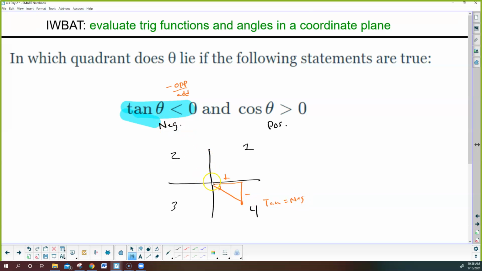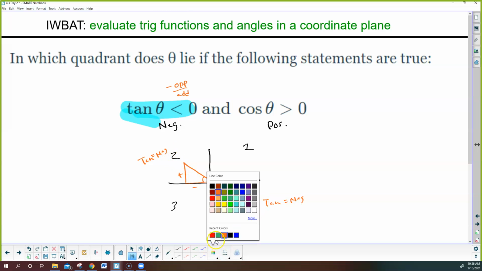But we could flip it around, right? I could go over to the left, which is negative, and up, which is positive. So that's the adjacent being negative and opposite being positive. But I know tangent is negative here. So from this statement, I know I'm either in quadrant 2 or quadrant 4.